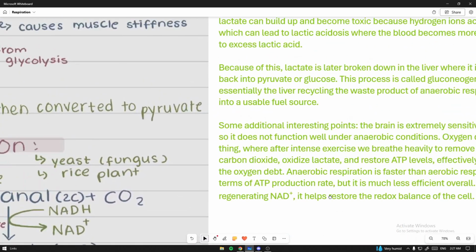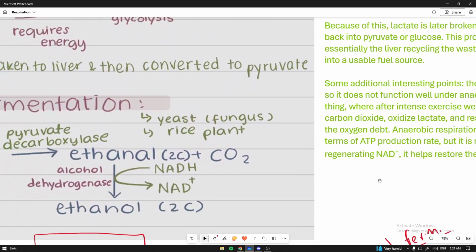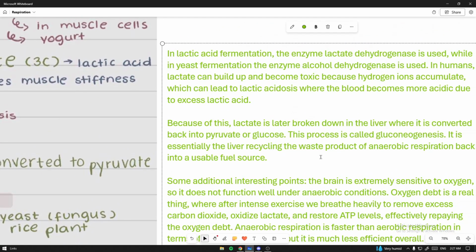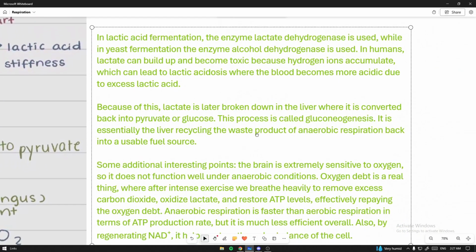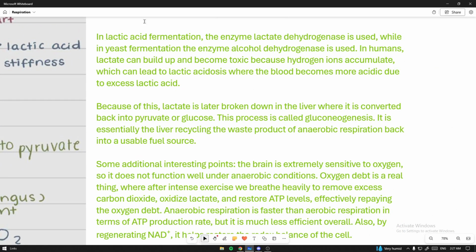Now we're just gonna look into the key points that I wrote for you guys. In lactic acid fermentation, the enzyme lactate dehydrogenase is used, while in yeast fermentation, the enzyme alcohol dehydrogenase is used.